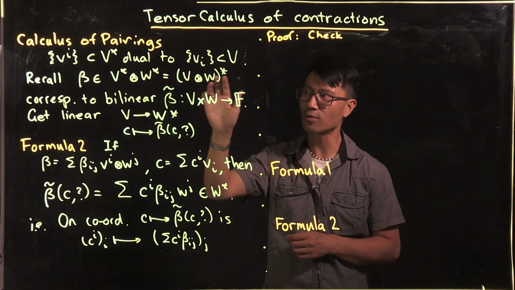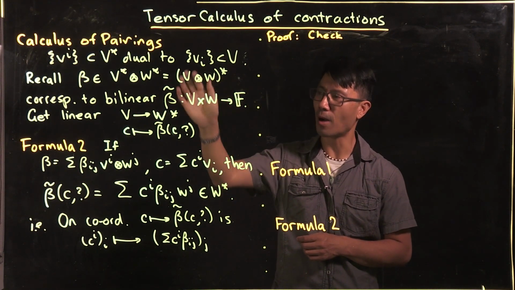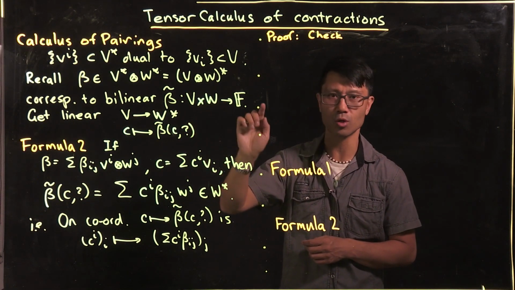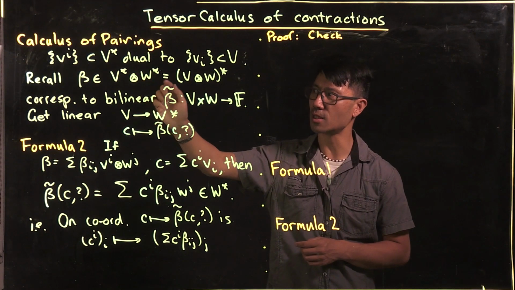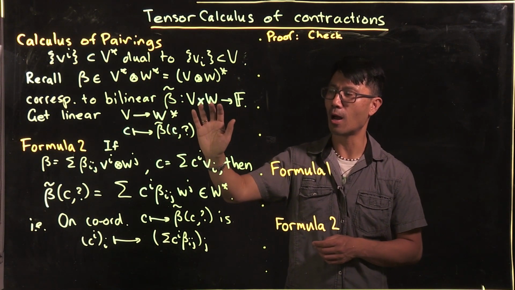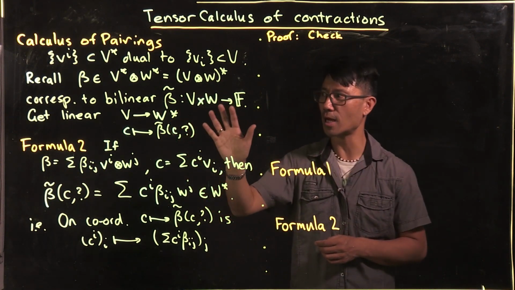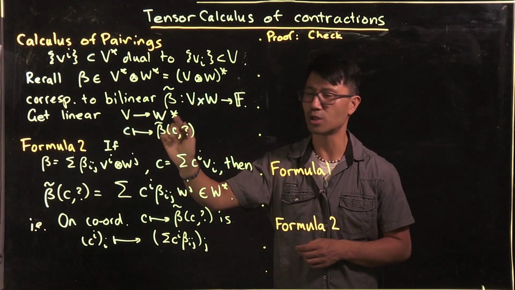And remember, linear maps from V tensor W to F, by the universal property, are the same as bilinear maps from V cross W to F. So this data beta, an element of V dual tensor W dual, is just one way of thinking about a bilinear map from V cross W to F. One of the things that we saw is that since this is bilinear, this gives us naturally a map from V to W dual.